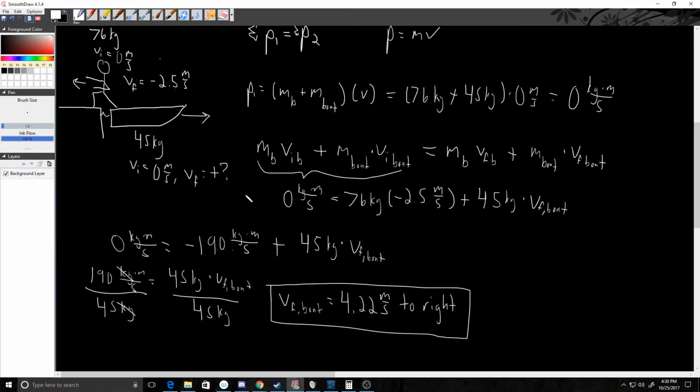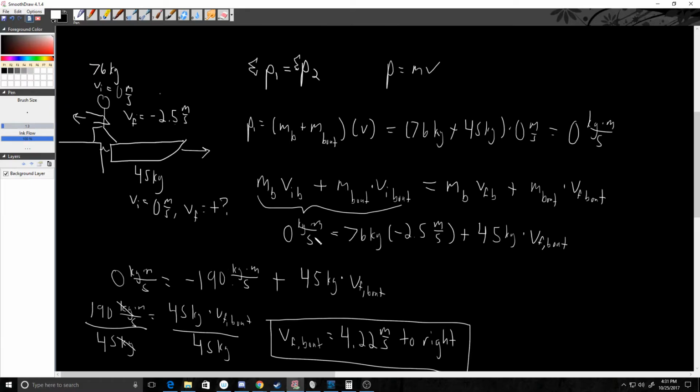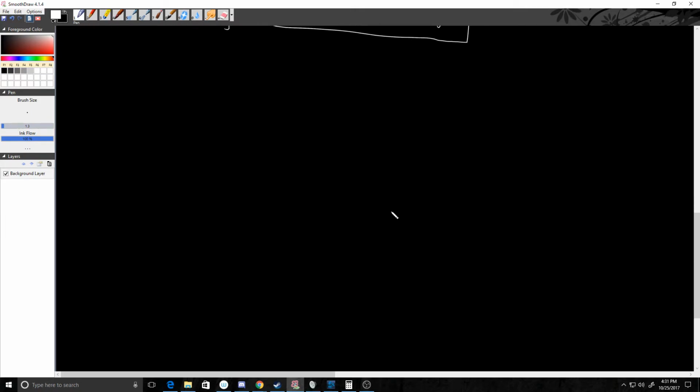Another way to look at this is the smaller the mass of the object, the faster it has to go to maintain that momentum. There are some other questions like this where the big takeaway is this part right here, which we're going to rewrite a little bit. We're going to stick with P1 equals P2.